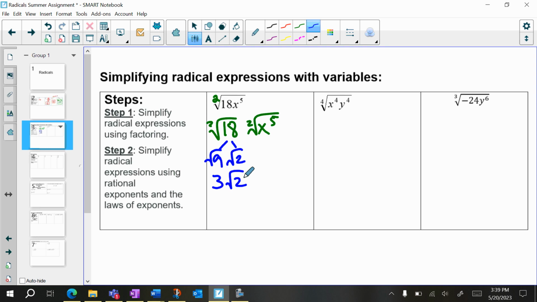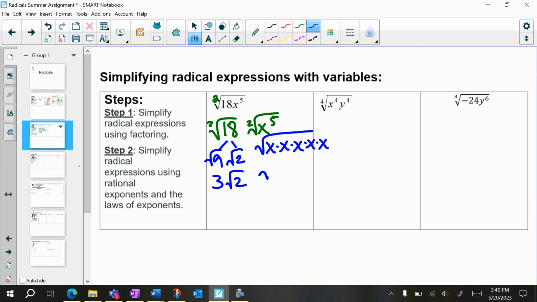Now, let's look at when I have the square root of x to the 5th. Really, if you wanted to rewrite that, it would be the square root of x times x times x times x times x. There obviously would be 5 x's underneath the radical. Now, I like to break this up and ask myself how many times does 2 go into 5 and regroup them.